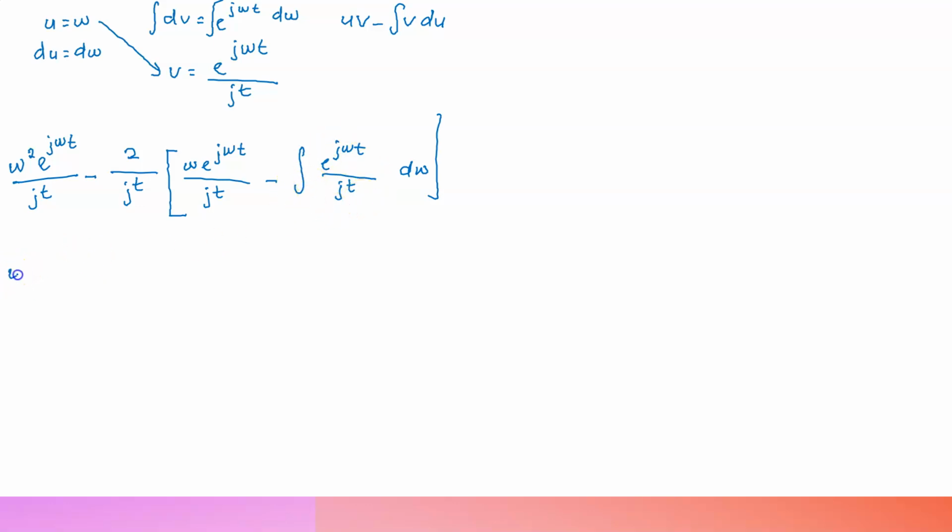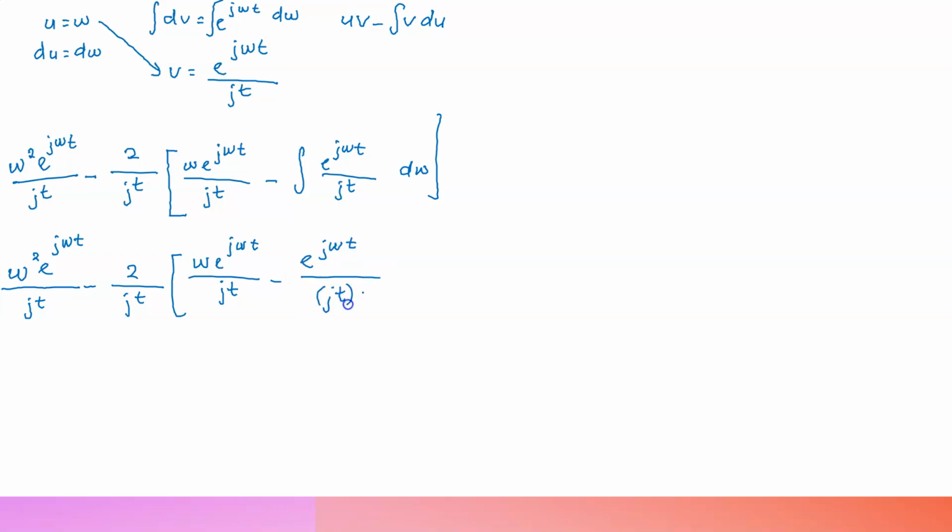So you get omega square e^(j omega t) over jt, minus 2 over jt times omega e^(j omega t) over jt, minus, if I integrate this, e^(j omega t) over (jt) square.